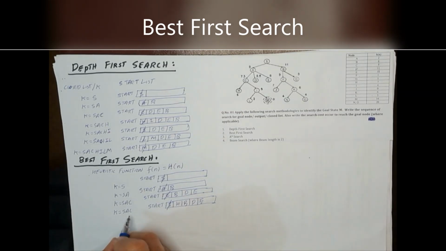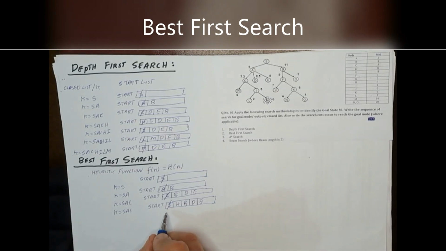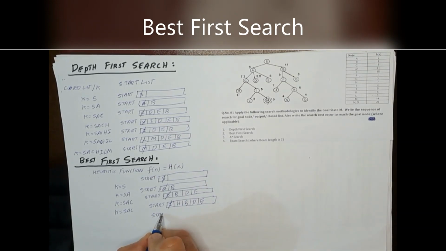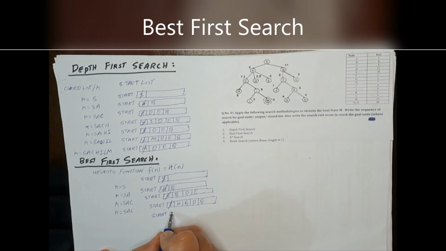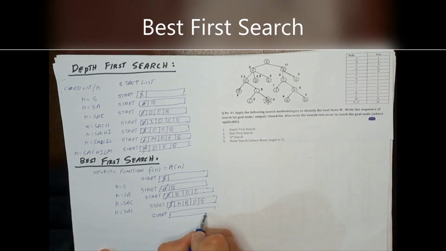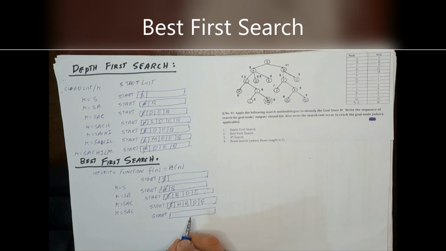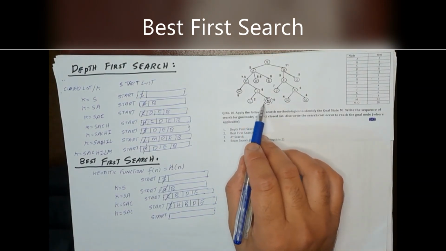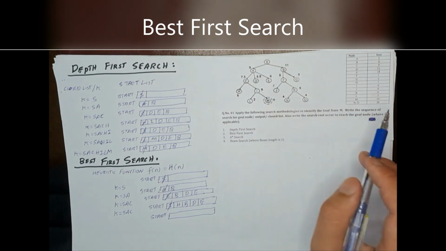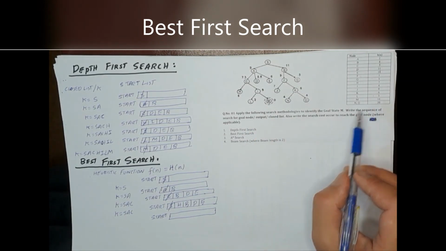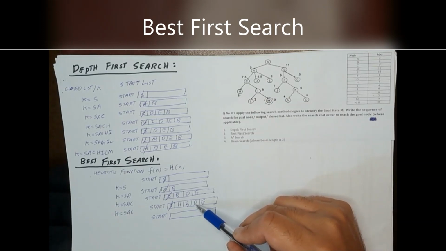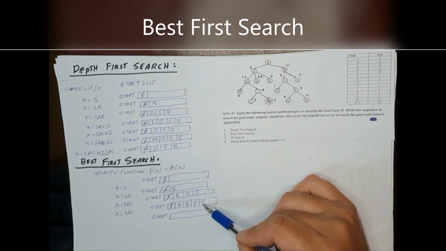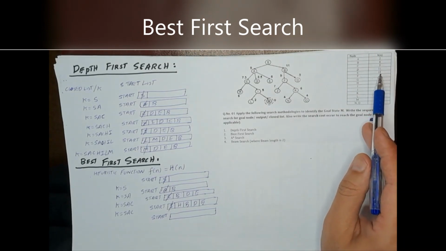Now during the next iteration, we remove I, and do we have child nodes of I? Yes, we have. So I will be replaced by its child nodes, L and M. Now the value of M is 14, which is even more than the value of D. D was 11, so it means M will come after D but before E, because E is 18.